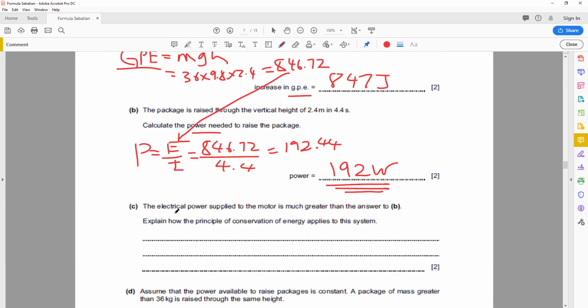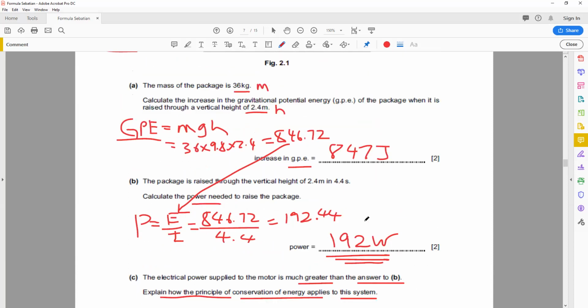Then after that, the next question here says that electrical power supplied to the motor is much greater than the answer in B. Explain how the principle of conservation of energy applies to this. So they're basically asking, how come I only need 192 watts to raise this 36 kg, but I supply more? Maybe I supply up to 300 watts.